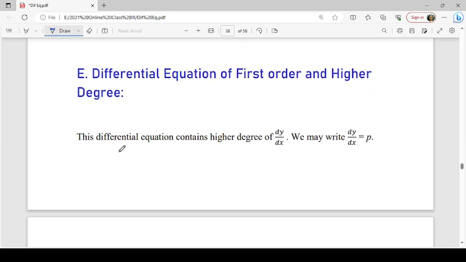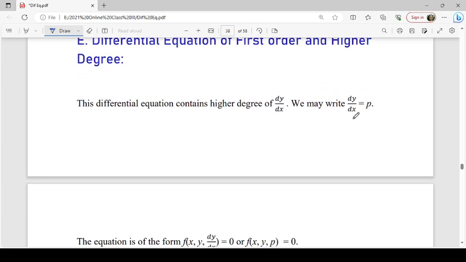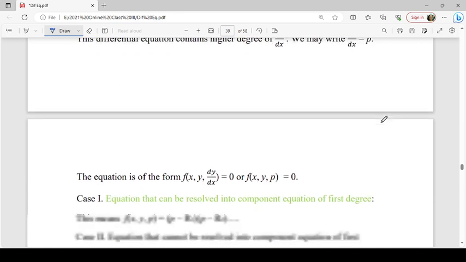This differential equation contains higher degree of dy dx. It is first order, so no d2y dx2, no d3y dx3, etc. Only dy dx will occur, and we write it as p, but the degree is more than 1. That is why we write dy dx is equal to p.